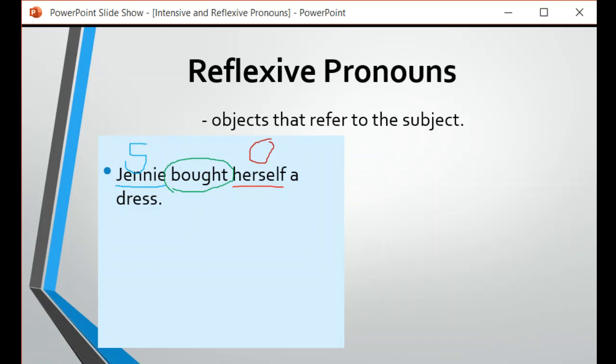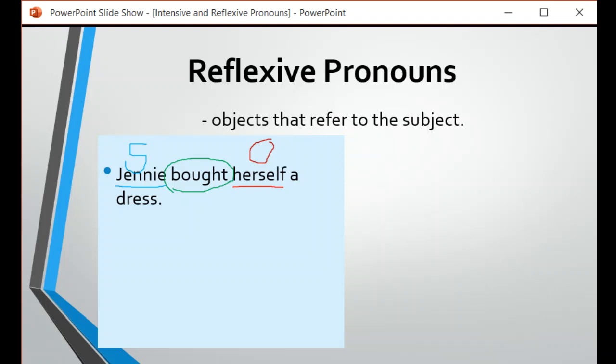So, si Jenny ay bumili para sa kanyang sarili ng bestida. So, itong yung herself, ay binilhan. Ibig sabihin, yung pagbili ay ini-apply doon sa dress na ibibigay para doon kay Jenny sa sarili niya.